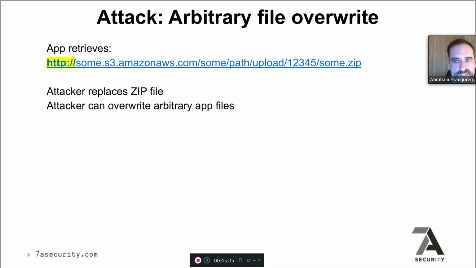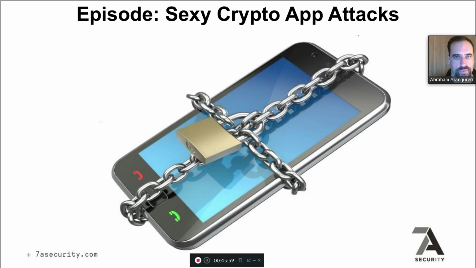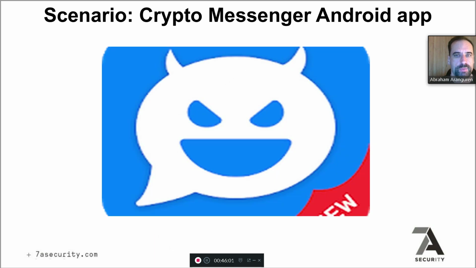So the thing that we can try here is, since the zip file is retrieved over clear text HTTP, we can replace it with our own zip file. So when the file is uncompressed, the contents of the zip file can basically overwrite any application files that we want.